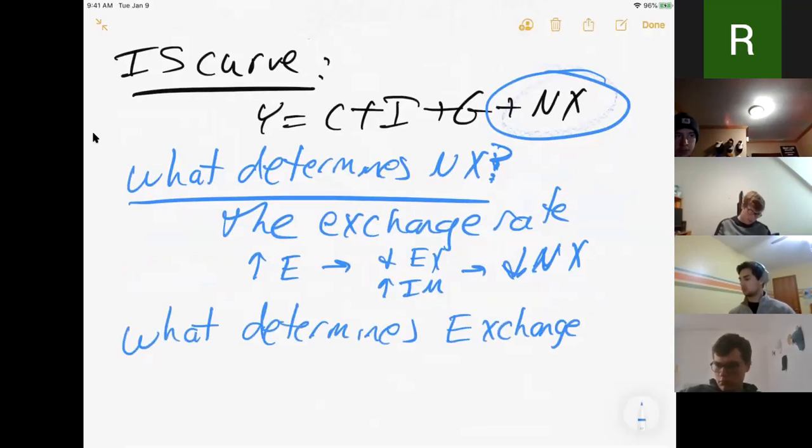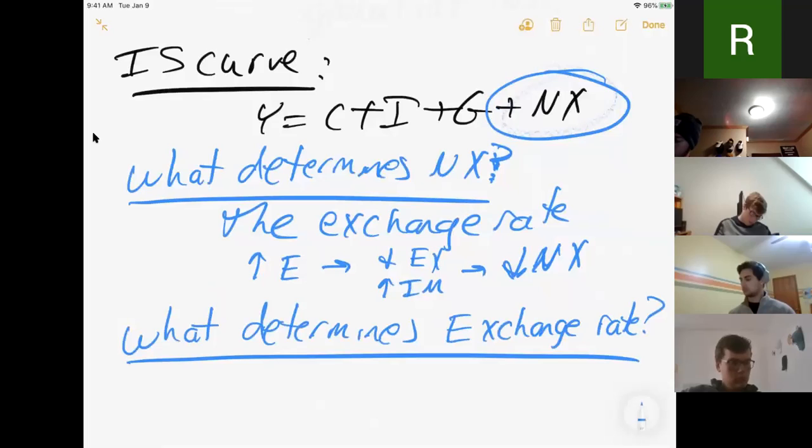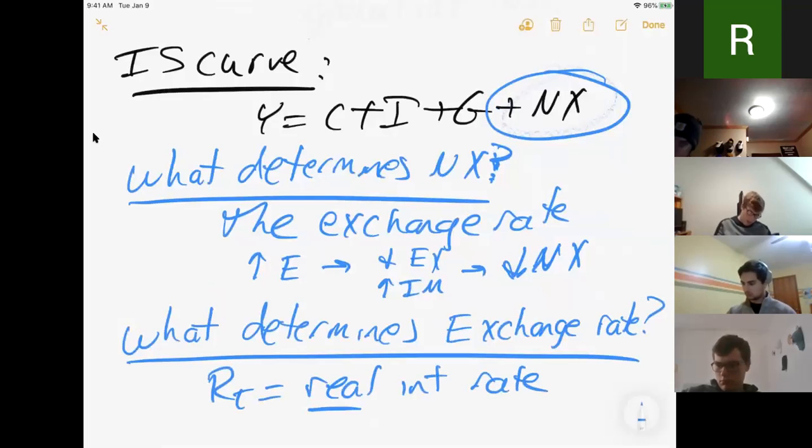Now, what determines the exchange rate? In the short run, what's the main thing that determines the exchange rate? Rt, the real interest rate. So the real interest rate determines the exchange rate. The exchange rate then determines net exports.